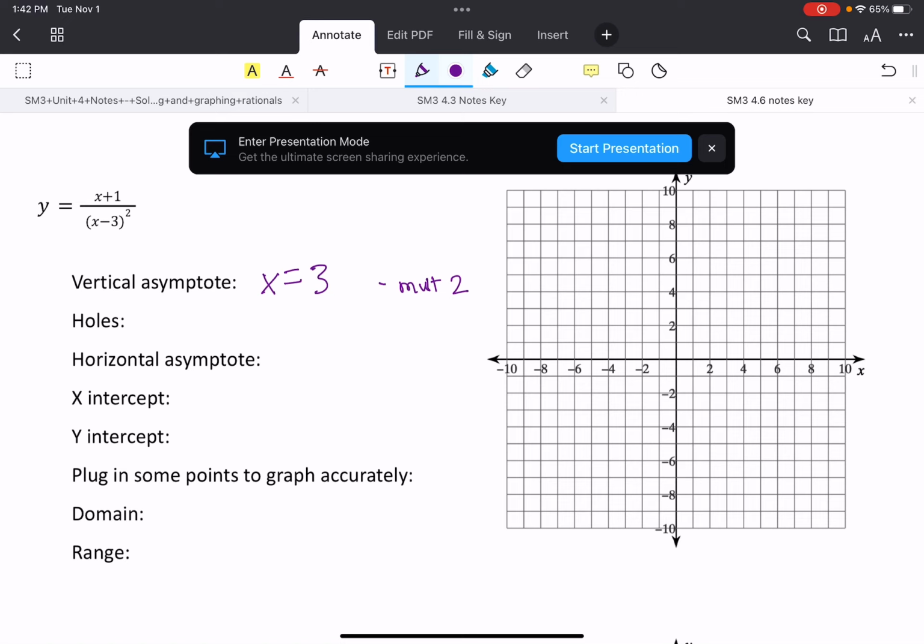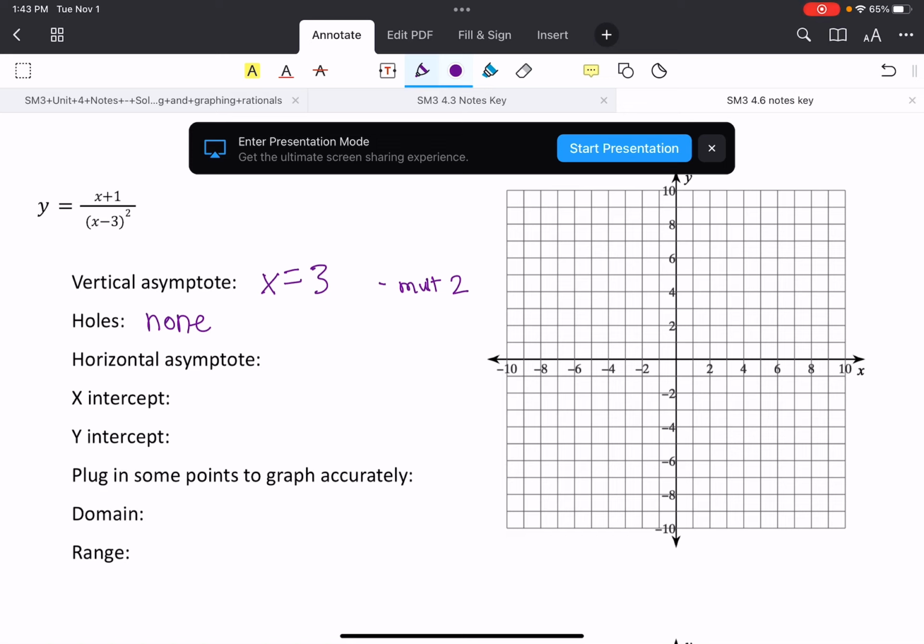Are there any holes on this graph? No. Nothing was reduced, correct? Now the horizontal asymptote. It's 0, because the degrees are not the same.